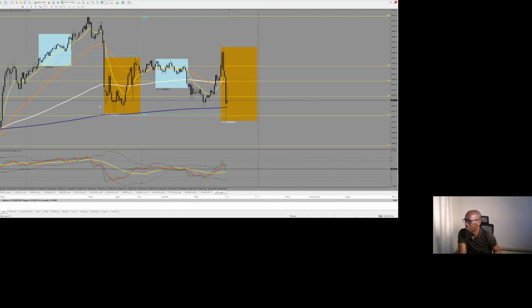The fact that price really hung around here for different sessions means that there's a lot of potential liquidity sitting below these lows right here, which is what price has taken out with these three strong candles.